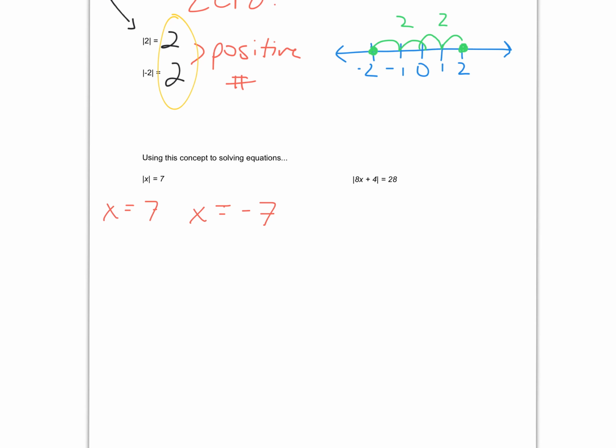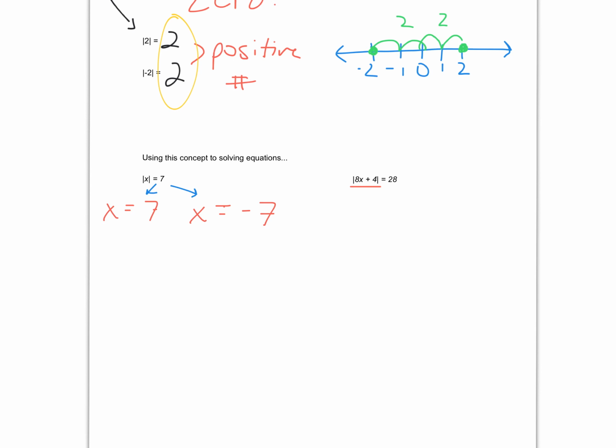So essentially when we set up these equations, we're going to set the inside of the absolute value equal to positive 7 and the inside of the absolute value equal to negative 7. Let's use that strategy on the one on the right. In this equation, we have the absolute value isolated by itself right here, the absolute value of 8x plus 4 equals 28.